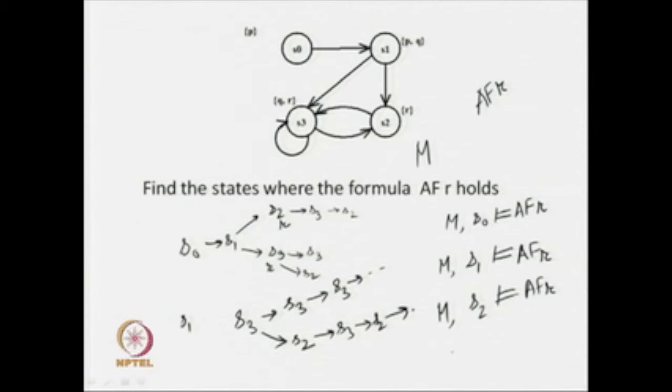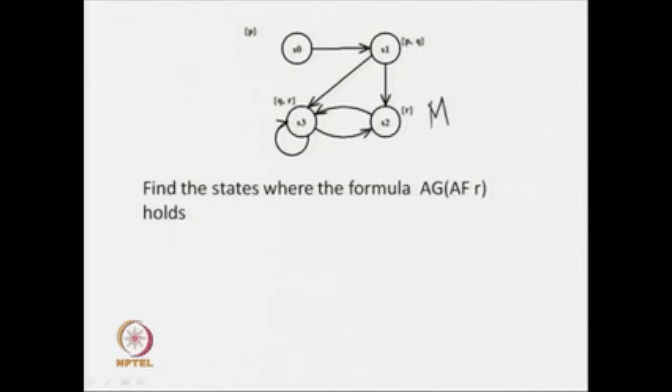So, in model M, S3 also models AF R. So, now individually we have gone to each and every state and we have found that this formula AF R is true in all those 4 states. So, this is the way that we have to look into it, because the CTL formula is a state formula, the truth value of a CTL formula is defined with respect to a state only.